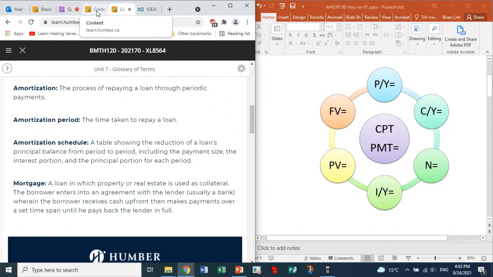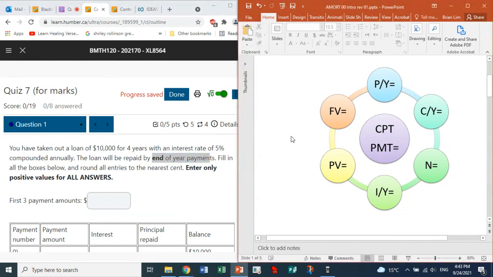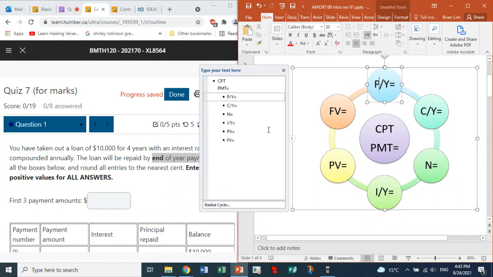All right, now we have to solve this problem. First of all, we do the calculations to get the payment as we normally would. So this is the size of the loan, 4 years, the interest rate and how it's compounded, and the payments are made at end of year. So let's look at this PowerPoint over here, and we would usually start with the PY.